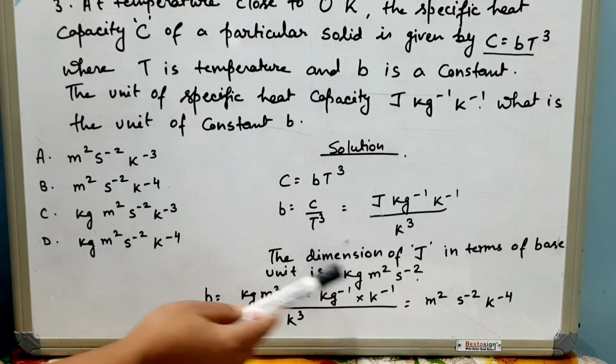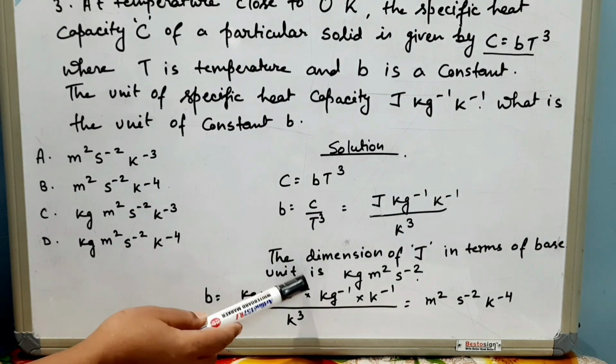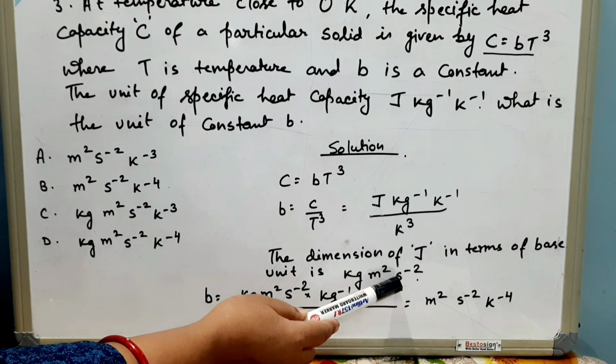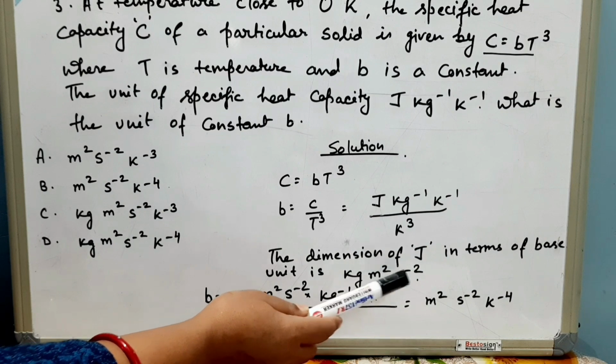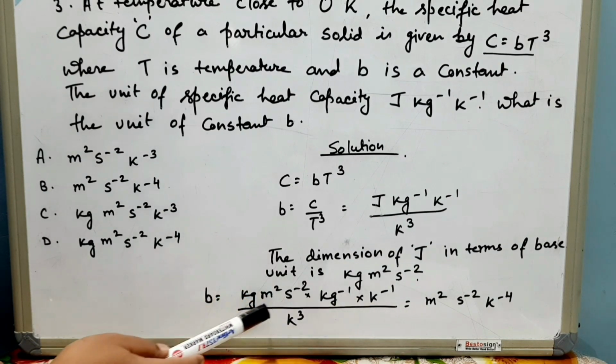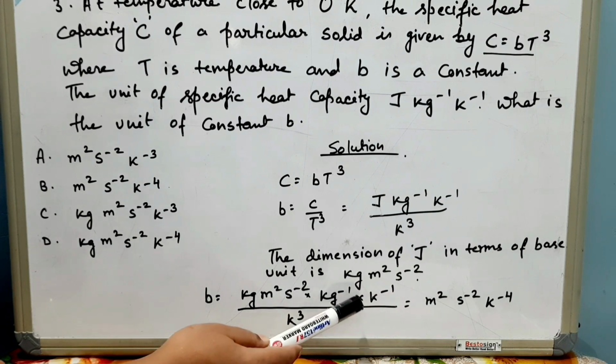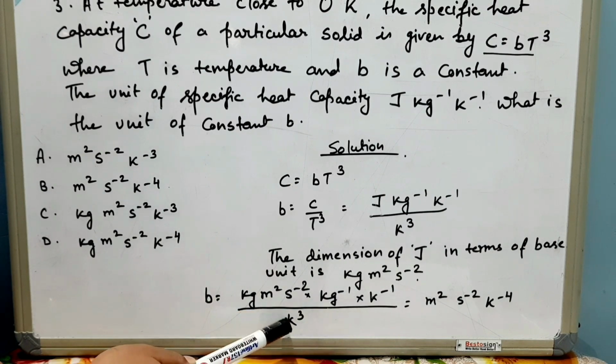The dimension of joule in terms of base unit is kg meter square per second square, that we have seen before also. So when we write this unit over here, kg meter square per second square into per kg into per Kelvin divided by Kelvin raised to the power 3.